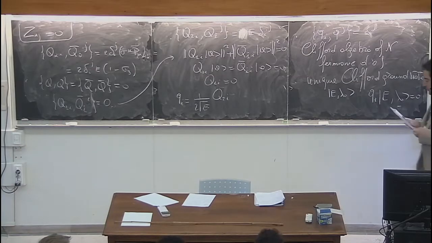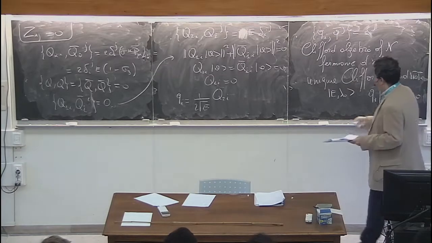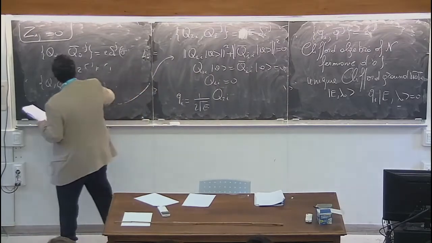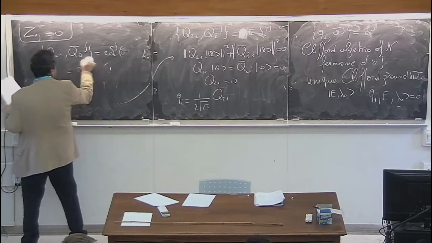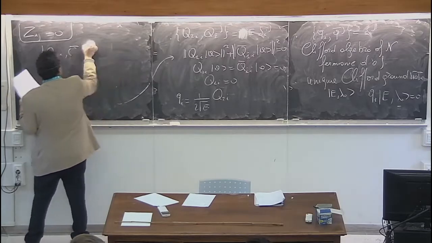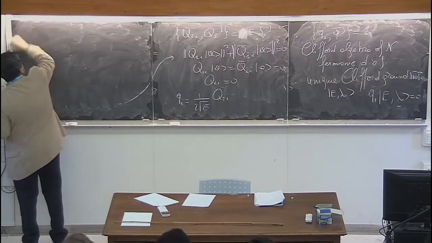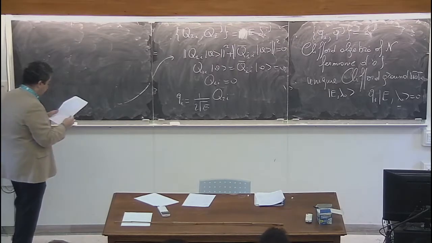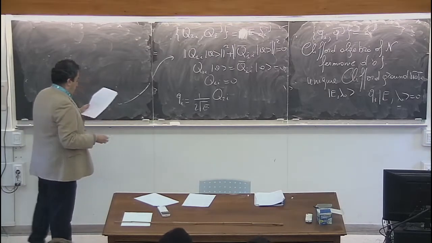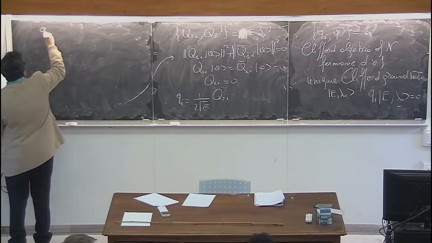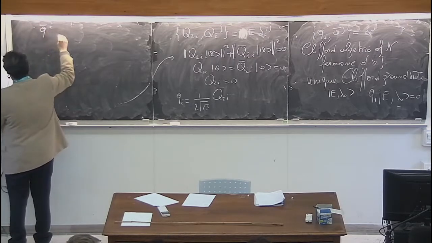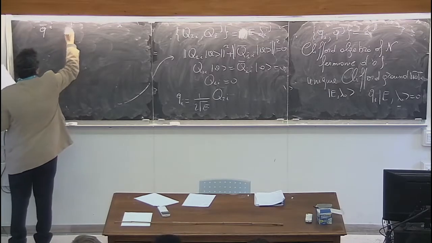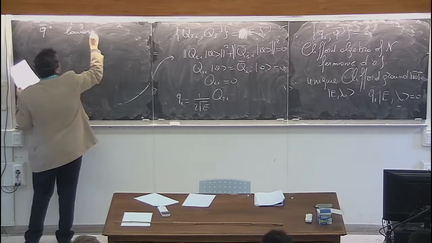Then all the states of the system in S naught are obtained by acting on this state by means of the other generators, Q bar. Remember that Q bar I lowers lambda.